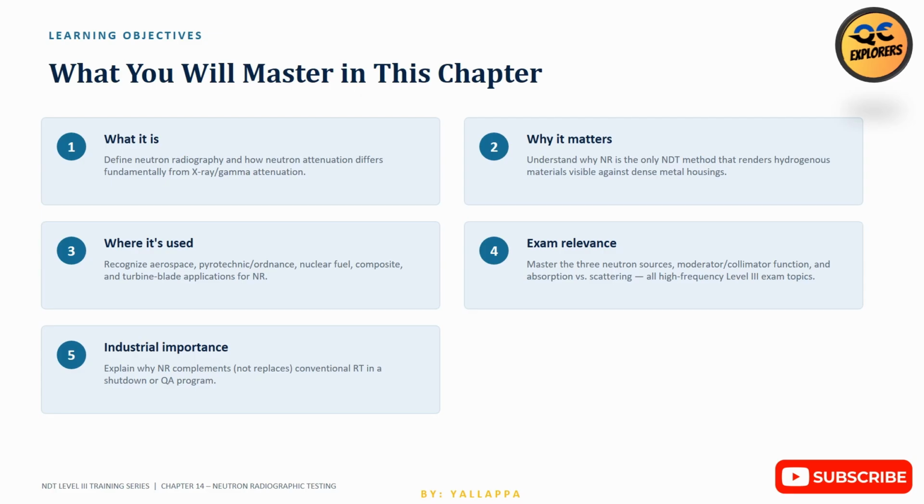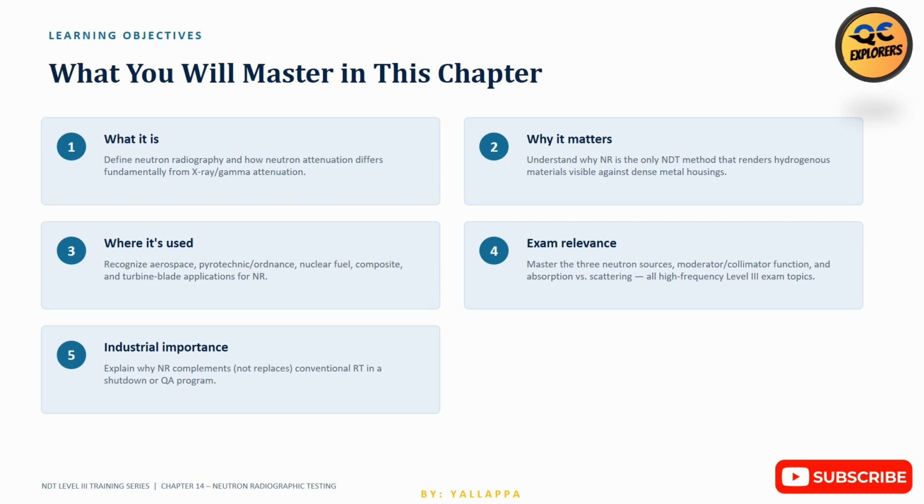Another major objective is exam preparation. Throughout this chapter, we'll study the three neutron sources, the purpose of moderators and collimators, and the differences between neutron absorption and neutron scattering. These topics are among the most frequently tested concepts in ASNT Level III examinations.